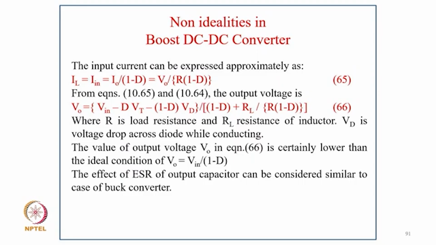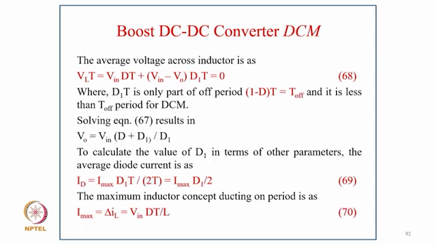Where R is the load resistance, RL is the resistance of the inductor, and VD is the voltage across the diode while conducting, the output voltage is certainly lower than the ideal value, V equals V in by 1 minus D. The effect of the equivalent series resistance of the output capacitor can be considered similar to the case of the buck converter.